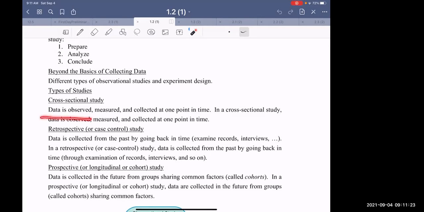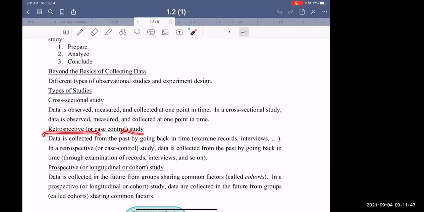So we will be observing, measuring, collecting data at one point in time. So the important thing is that we'll say that on this particular day, we had so many cases of this particular disease. So that is a cross-sectional study.